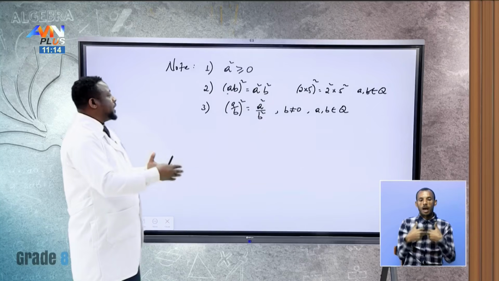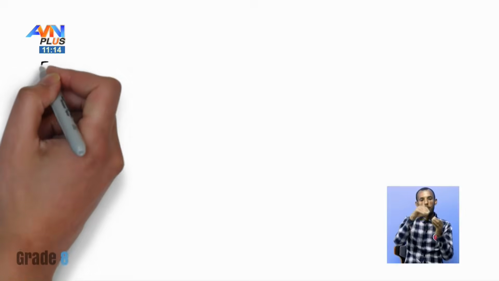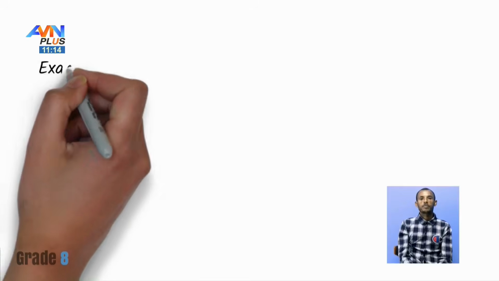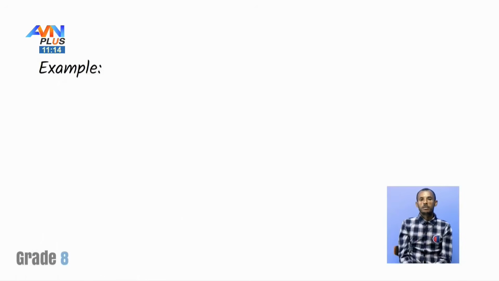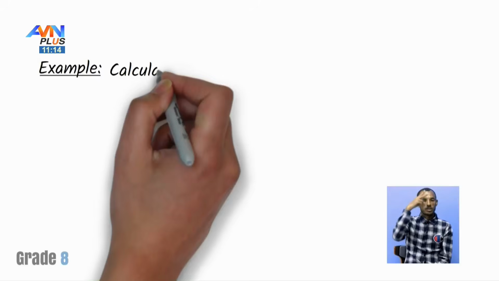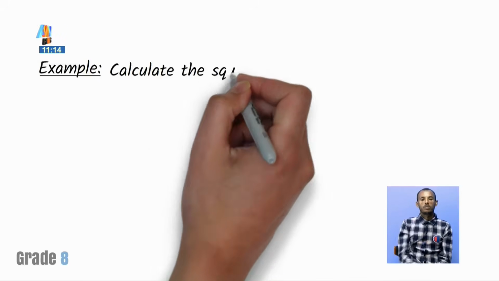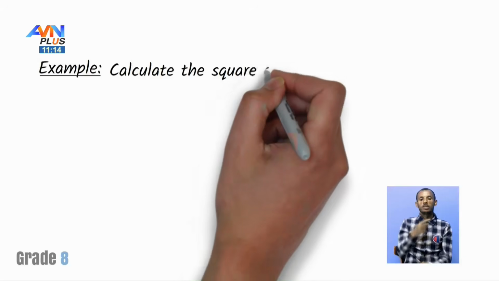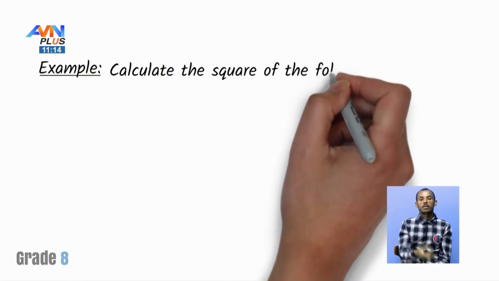Having this property, let's see some more examples on squares. The other example: calculate the square of the following decimals.